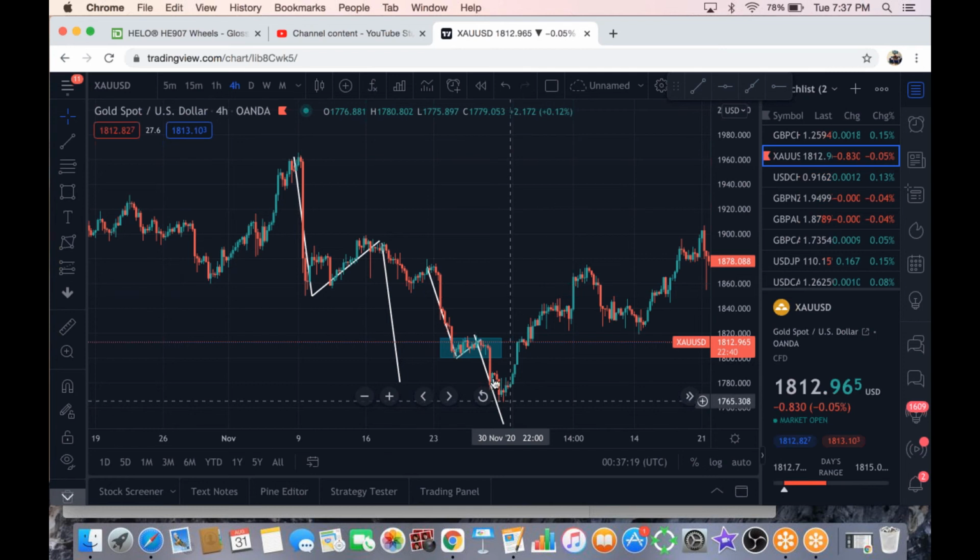So when you're looking at this, you just want to have an idea of what is going on. Because just because your analysis says AB equals CD doesn't mean that the market has to go there. So since we know that the market doesn't have to go there, if there are signs and red flags coming up that say we don't need to stay in this trade, then you don't need to stay in the trade. Either you need to take your profits, because when you're up that much, you're up that much.